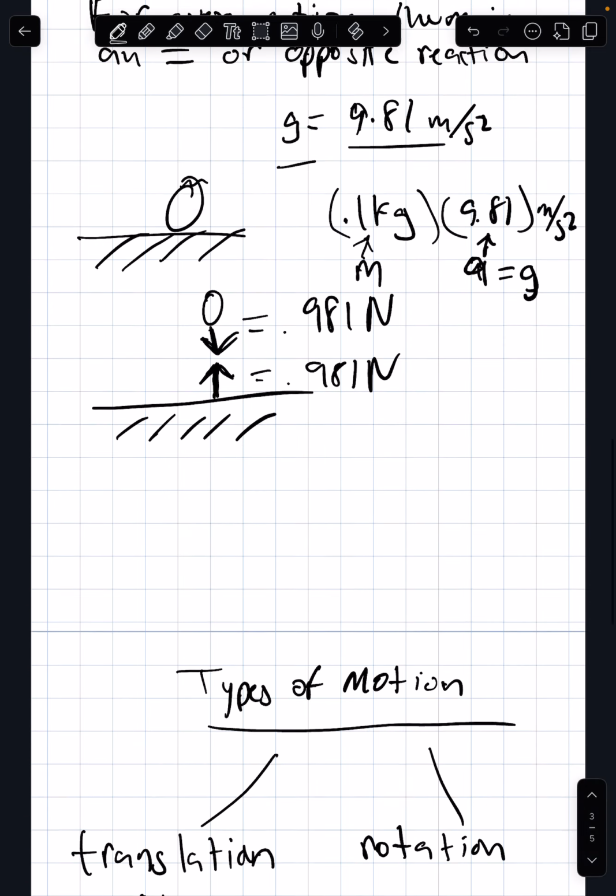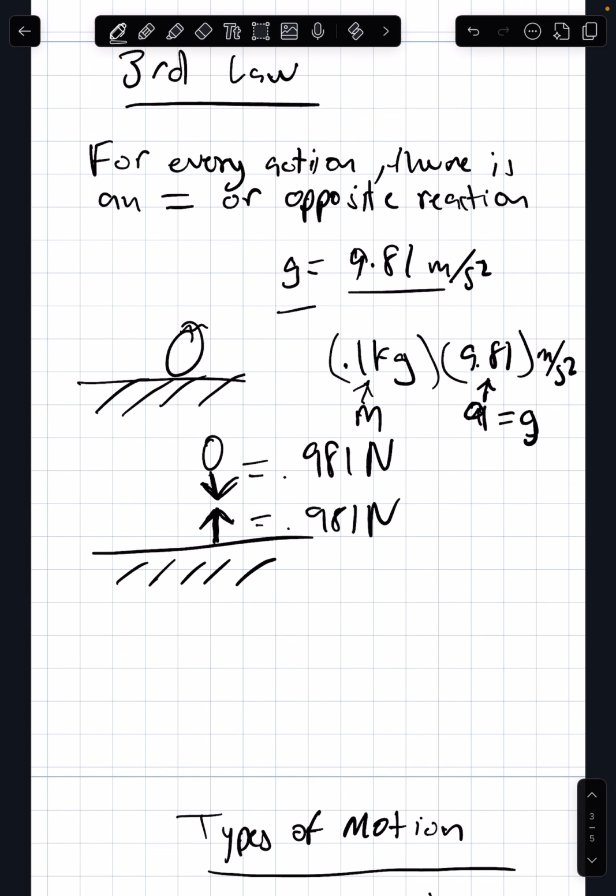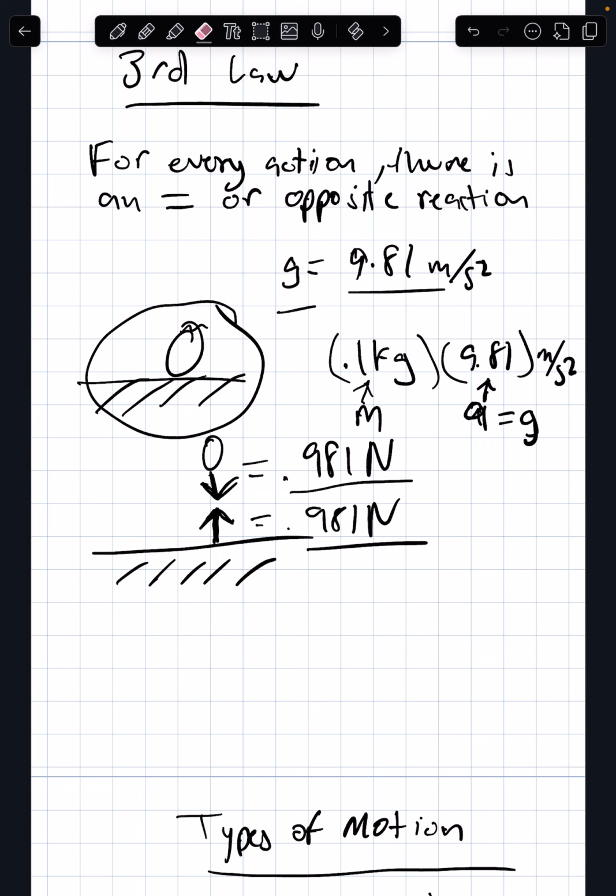If we go back to this, when the apple is on the ground here, it's exerting 0.981 newtons of force on the ground, and the equal and opposite reaction from the ground to the apple is 0.981 newtons as well. So in our little example, let's call it the x-axis and y-axis.